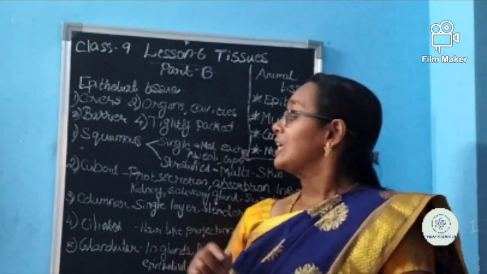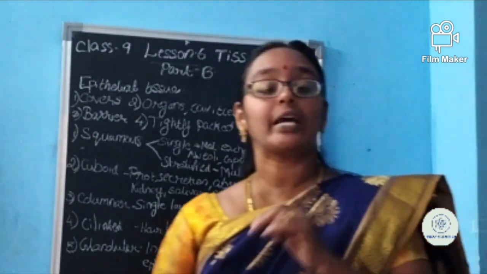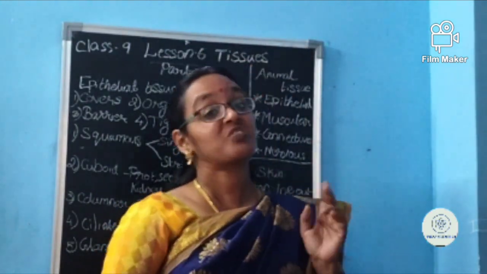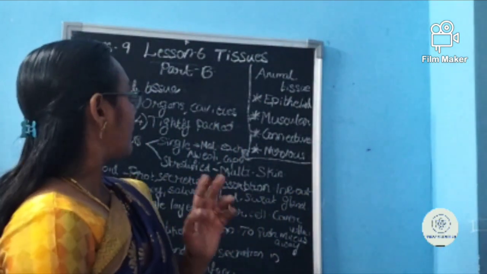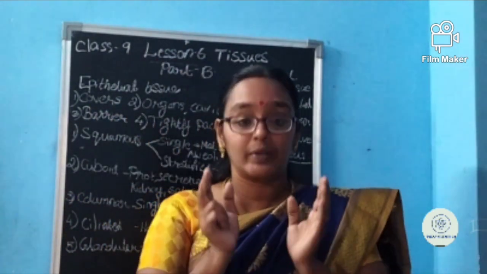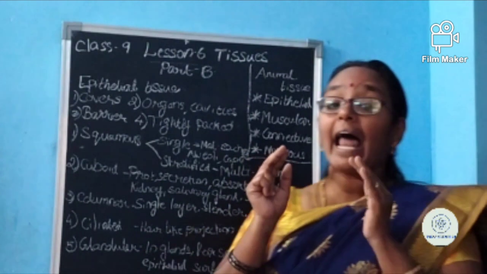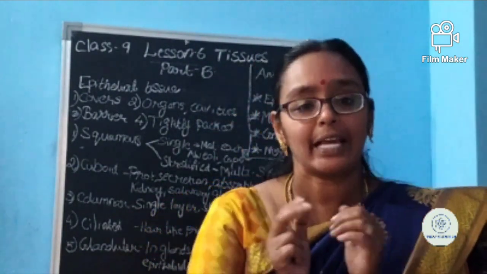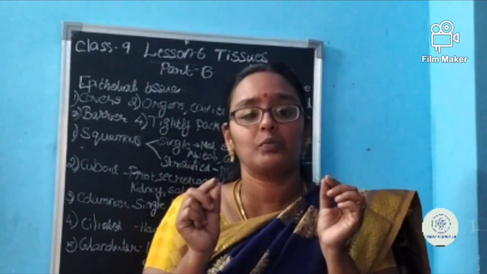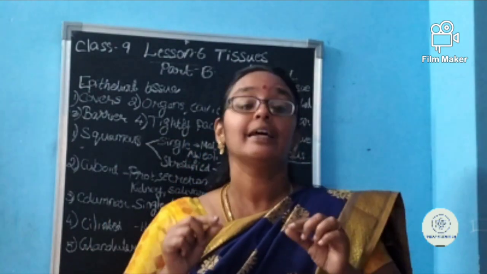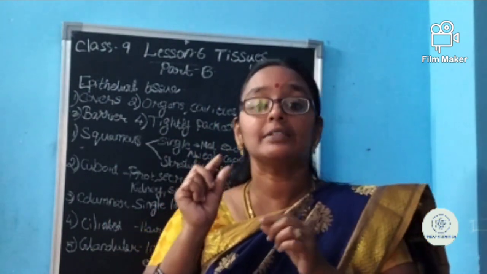Squamous can be of two types, simple squamous and stratified squamous. Squamous tissues can be seen in the alveoli as well as in capillaries. Simple squamous cells are single-celled and they cover the alveoli.